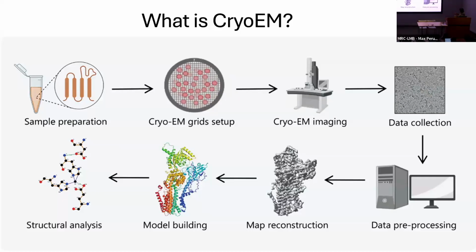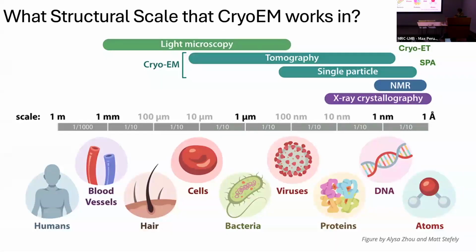And now, of course, computer data processing, then 3D reconstruction, and then you build a model, and then you can do structural analysis. So this is what cryo-EM is, in a simple way. We will talk about the workflow in the next part, but here is just an introduction.